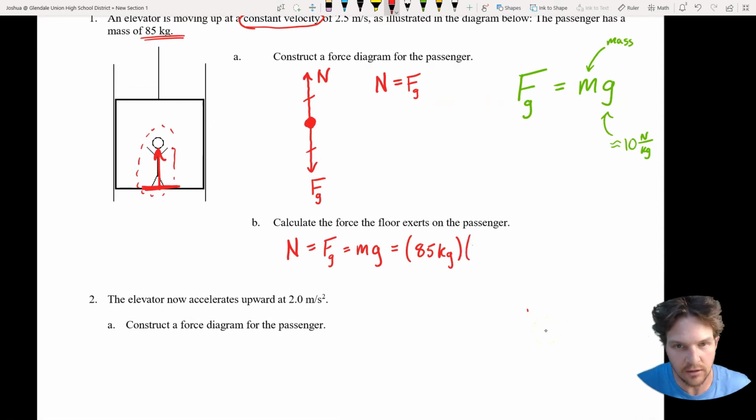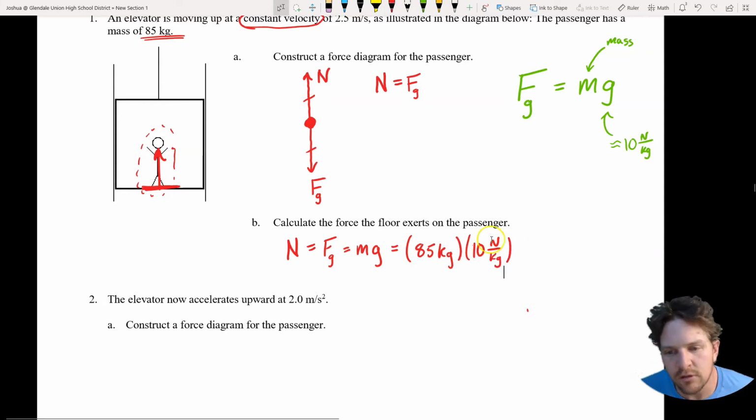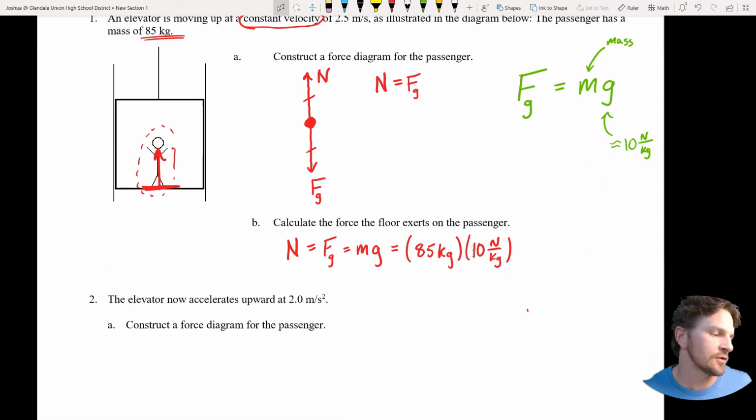We like to round to 10 to make our math a little easier. So 10 newtons per kilogram. And newtons per kilogram can also be written as meters per second squared, right? In one of the previous videos, the review over Newton's second law concepts, there's a portion that goes over the units. So if you're kind of iffy on that, I'll put the link to that down in the description.